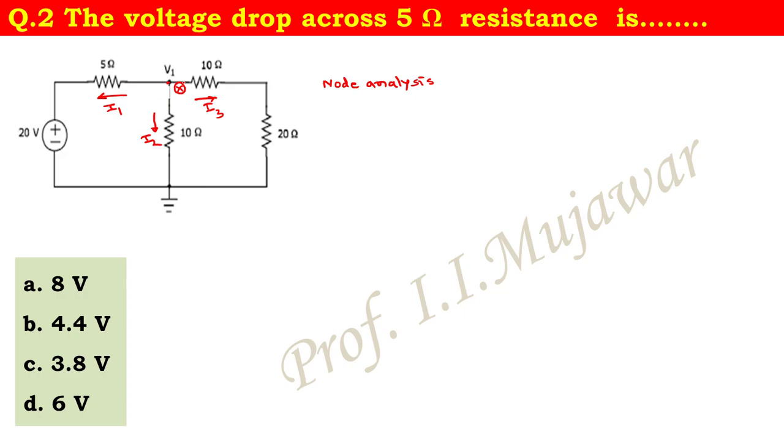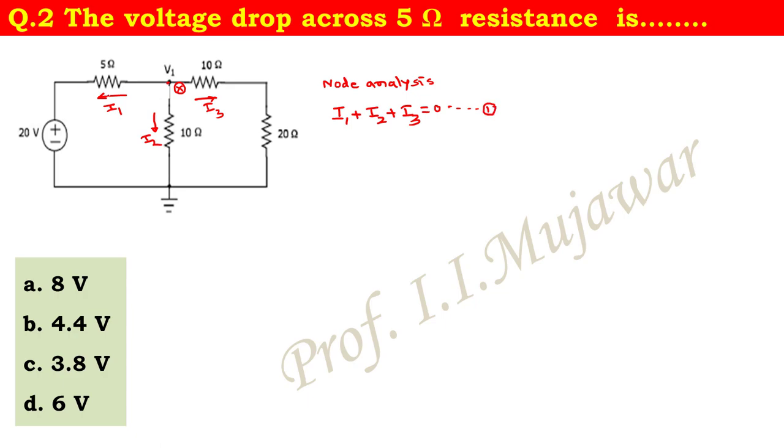That means my KCL equation at node X is I1 plus I2 plus I3 equal to 0. The sum of all leaving currents is equal to 0. Now we will place the values of these three currents.